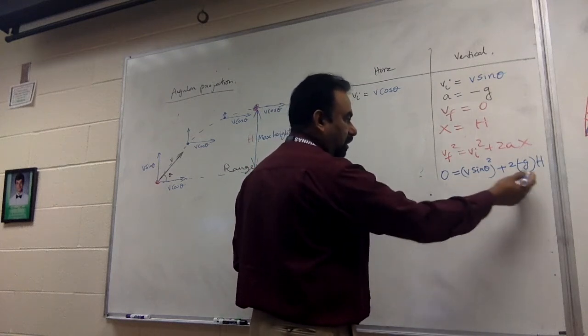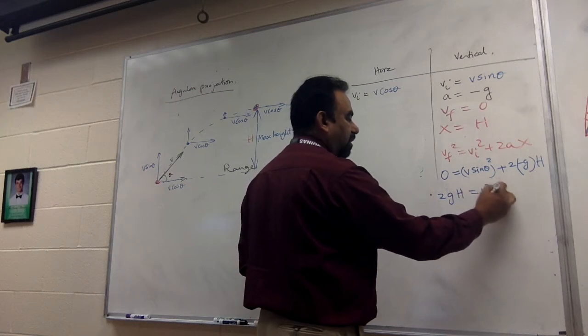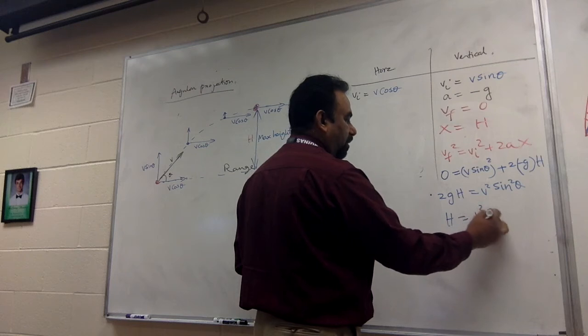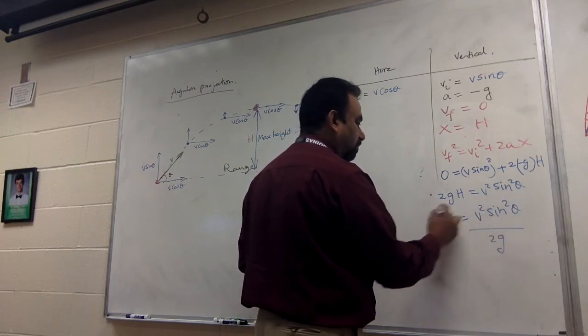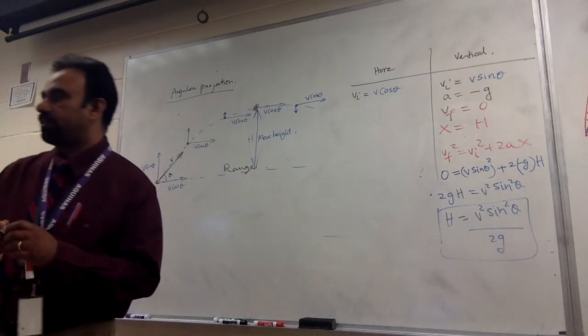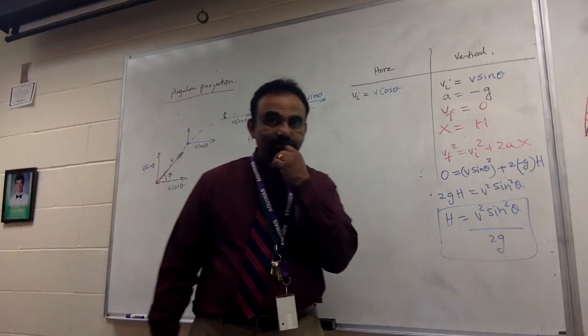So if you bring it to the side, 2GH is equal to V square sine square theta. So what is H? V square sine square theta divided by 2G. That's the maximum height reached by a projectile.